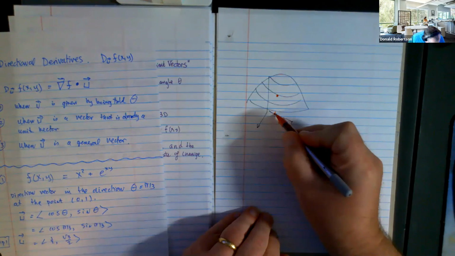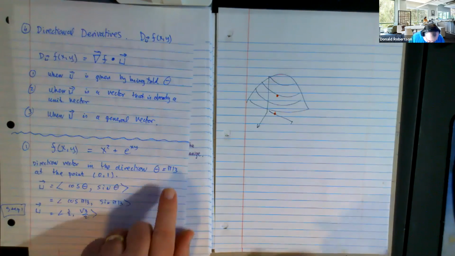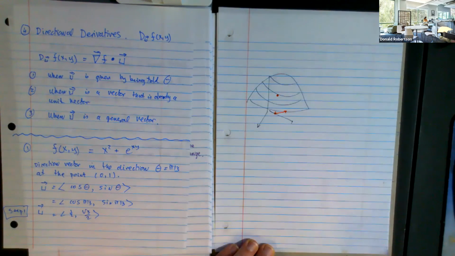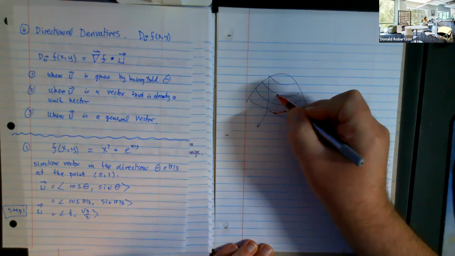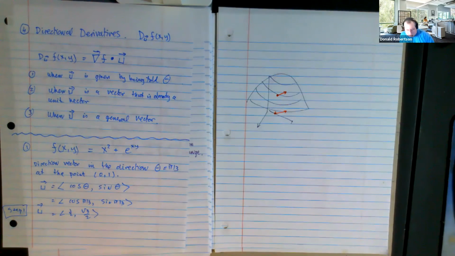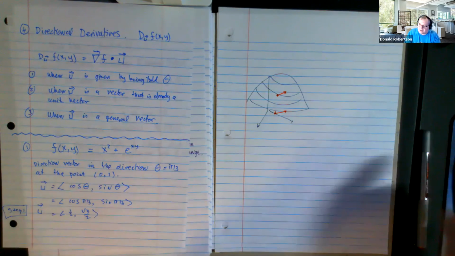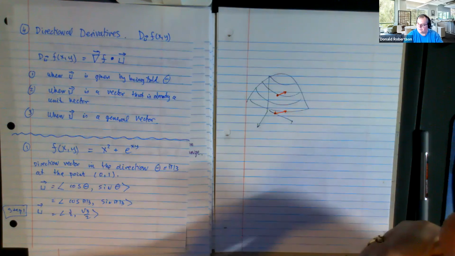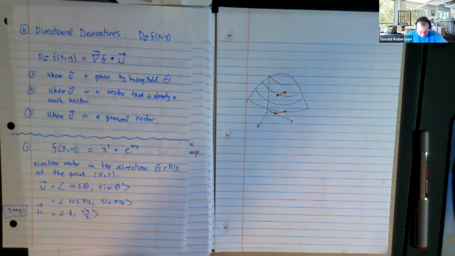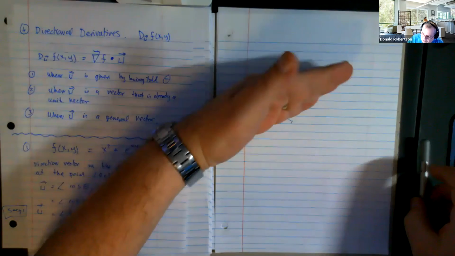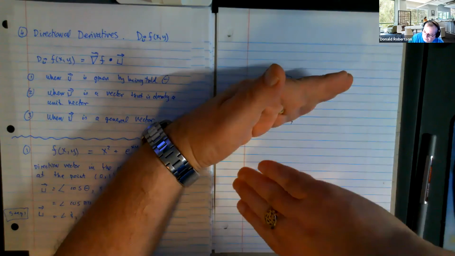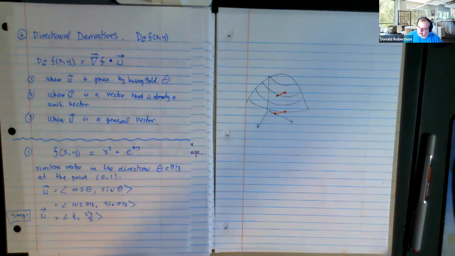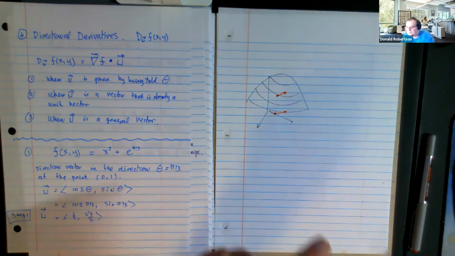Can you imagine that at this point you went in the direction of pi upon 3? If you sliced the shape in that direction, like slicing a cake, wouldn't you get a curve? The slope of that curve at that point is a half.